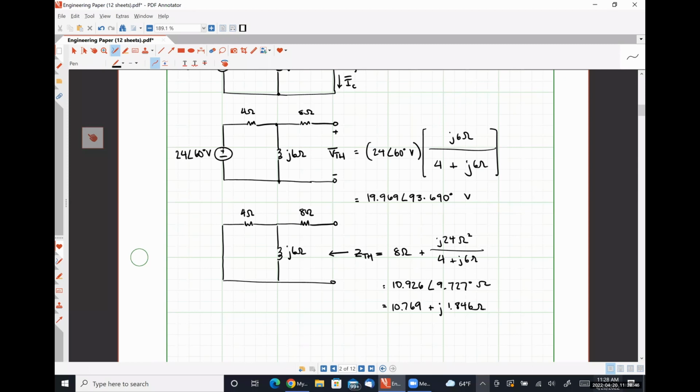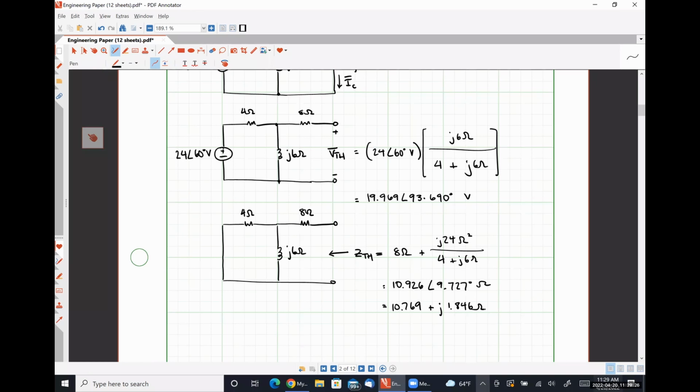although if we wanted to figure out what the time domain equivalent circuit was, we would need to be looking at the rectangular form of that. So for instance, if I wanted to know what actual component values would give me this, it would be our voltage source in series with a 10.769 ohm resistor in series with an inductor that has an impedance of 1.846 ohms at whatever frequency we're working at.